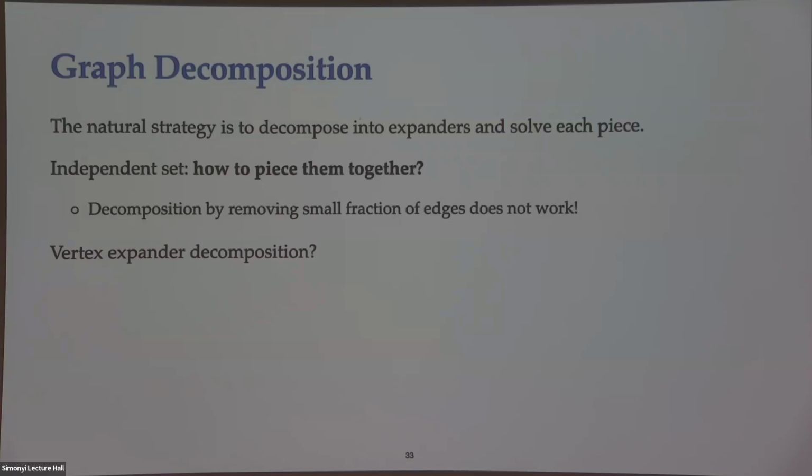So we know that this subset has few neighbors. Then what can we do? We can just remove these neighbors and then recurse on these two pieces. Because we have removed the neighbors, these two pieces have no edges crossing. Then if we recurse on these, we can just output the union of these independent sets. So that's one natural way to do the graph decomposition on arbitrary graphs.